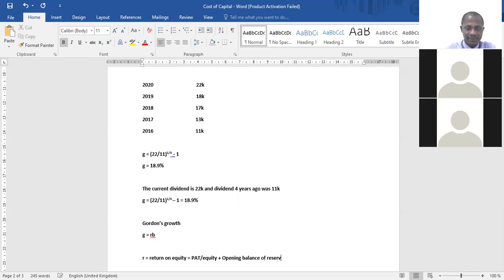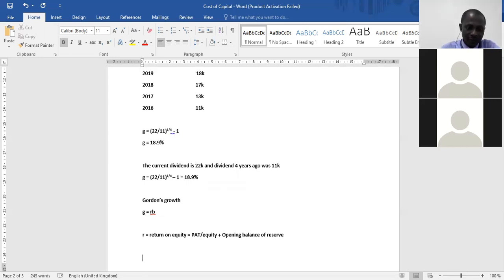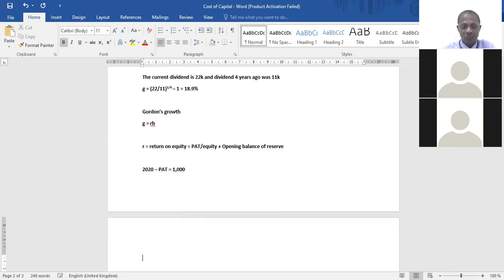Now let me explain this. Let us assume that we are in December 2020, and in December 2020, I made a profit after tax of, let me use a small figure just for illustration, 1,000.